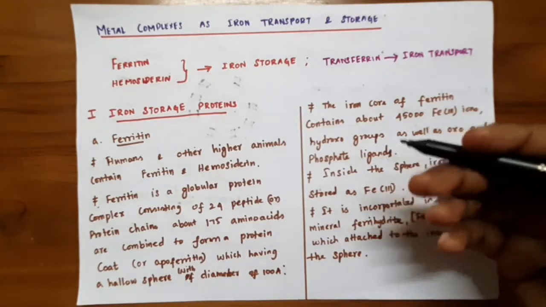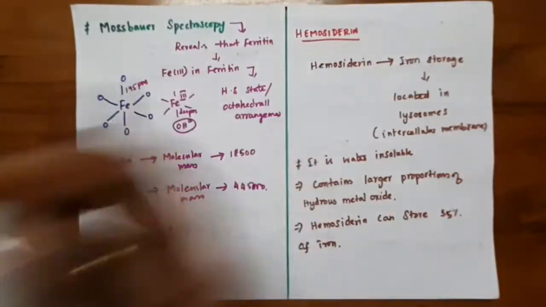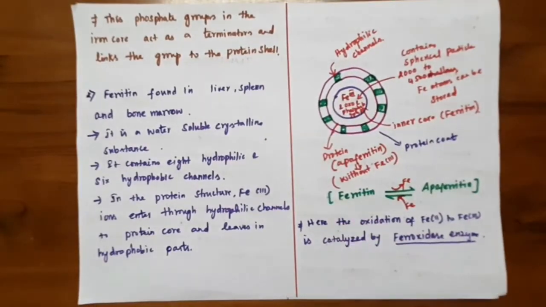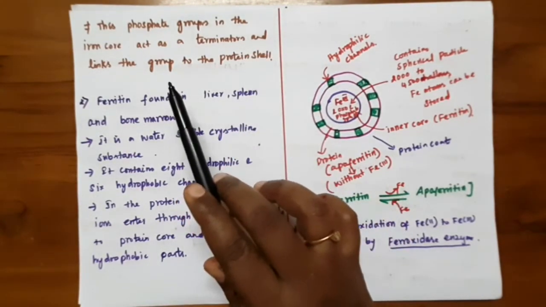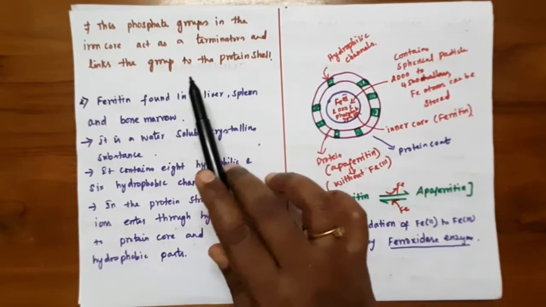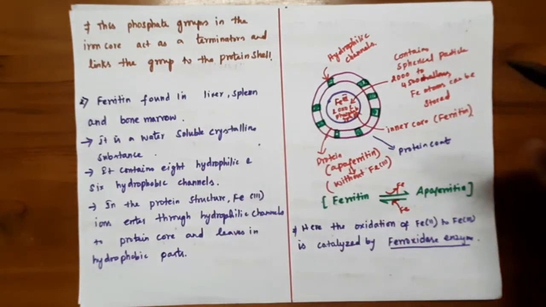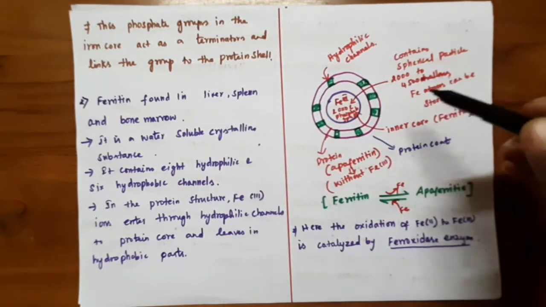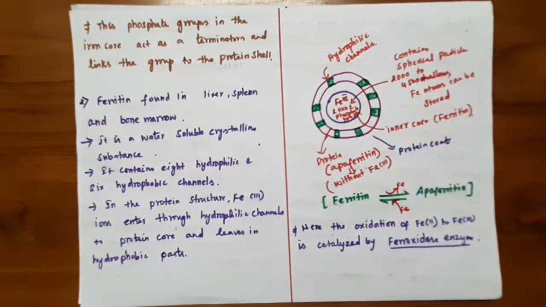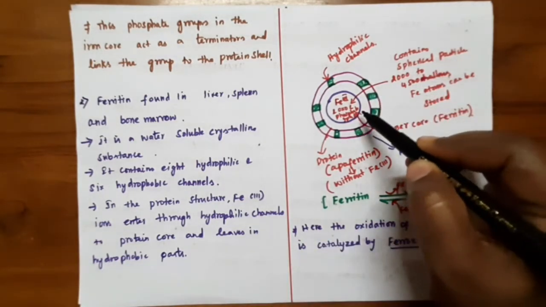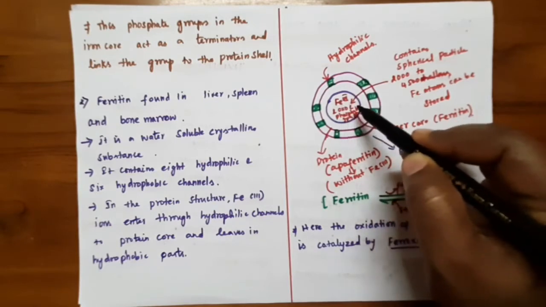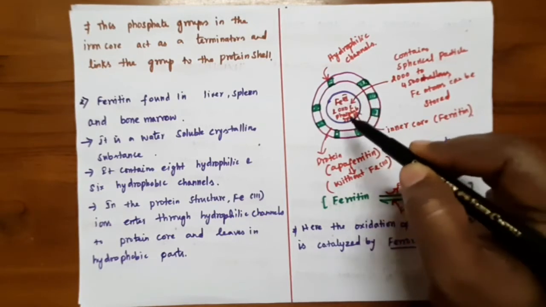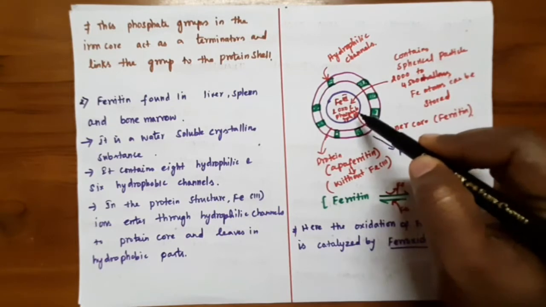If you look at the structure you can understand. The phosphate groups in the inner iron core act as terminators and link the group to the protein chain. I have just drawn the structure of this ferritin. This is the inner core, this is called the ferritin part. The inner core contains Fe3+ as well as oxo and phosphate groups.